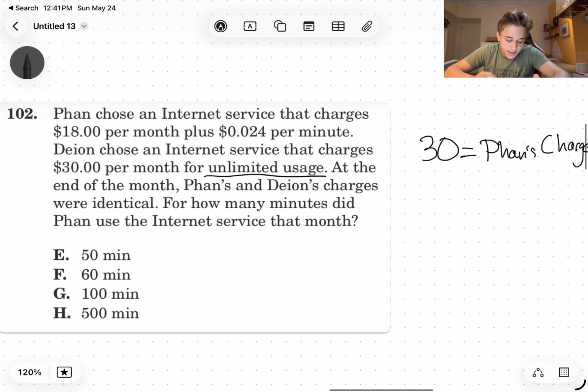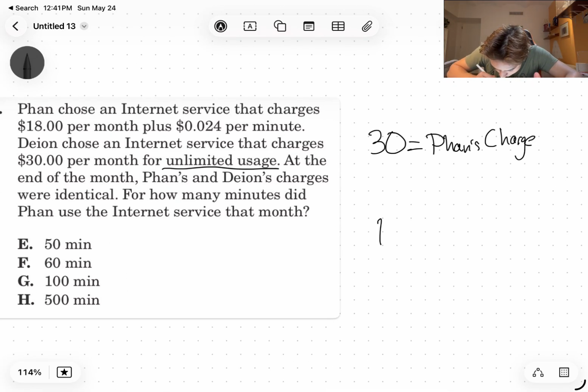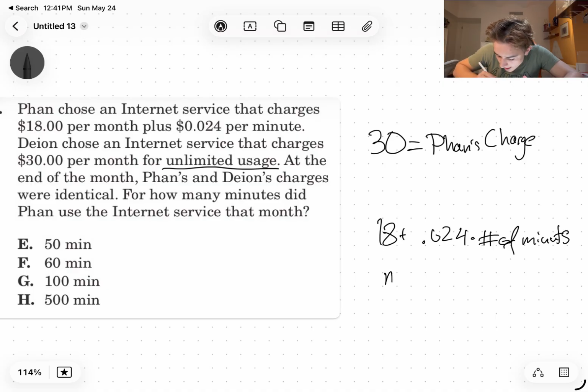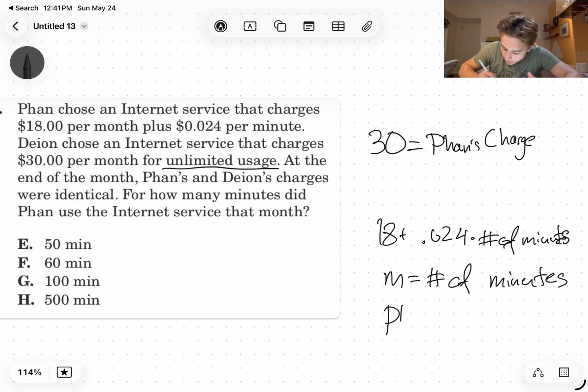But now we just need to figure out how to set up an equation to represent Fan's charge, right? So it says he pays $18 a month plus 2.4 cents per minute. So per means times. So $0.024 times the number of minutes. Let's say M equals the number of minutes for which Fan uses the service.